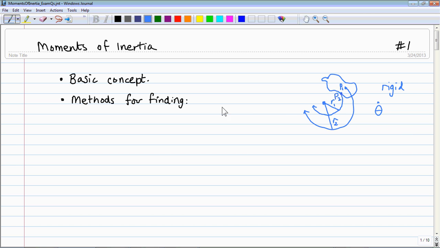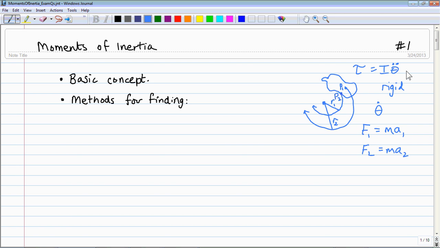Instead of having to write F1 equals ma1 for particle 1 and F2 equals ma2 for particle 2, because these accelerations will be different because of different radii, we're going to have just one simple equation, which will be, if I write it up here, this.